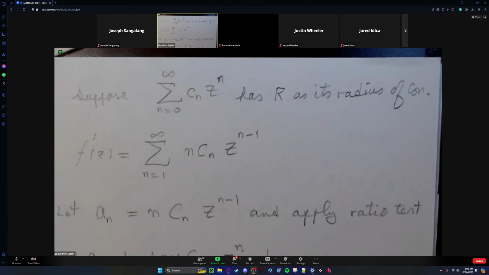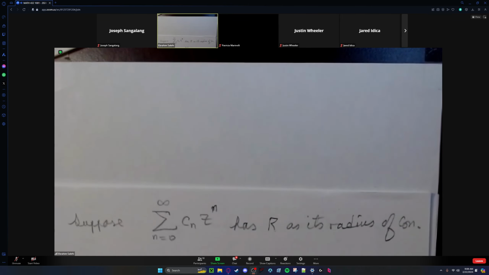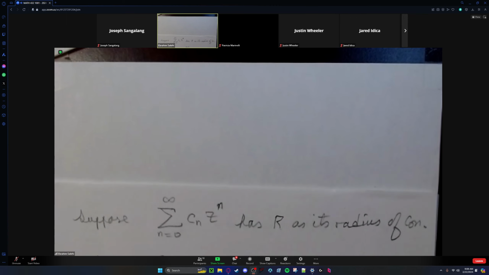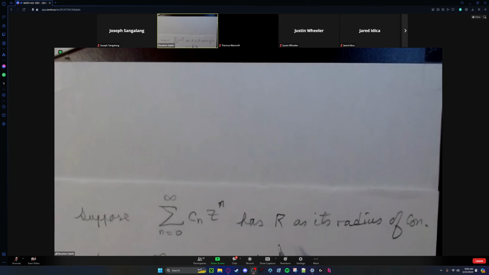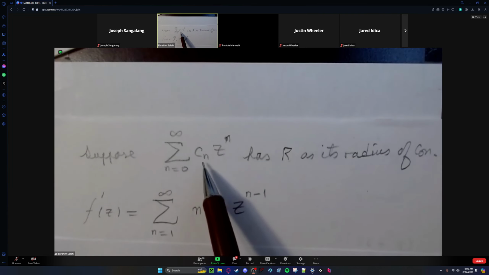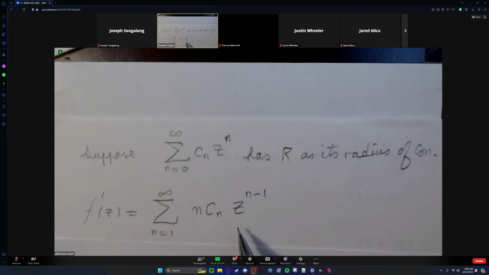All right. So a lot of functions do not look like polynomials, right? So here is derivative. Suppose this has radius of convergence r. Its derivative, you take term by term derivative, all right? You get this.